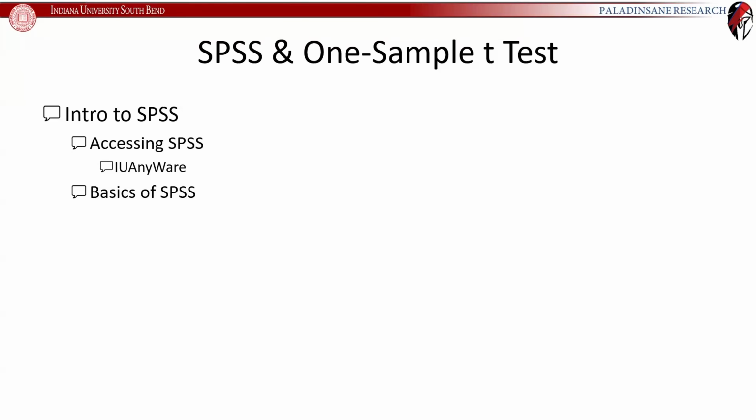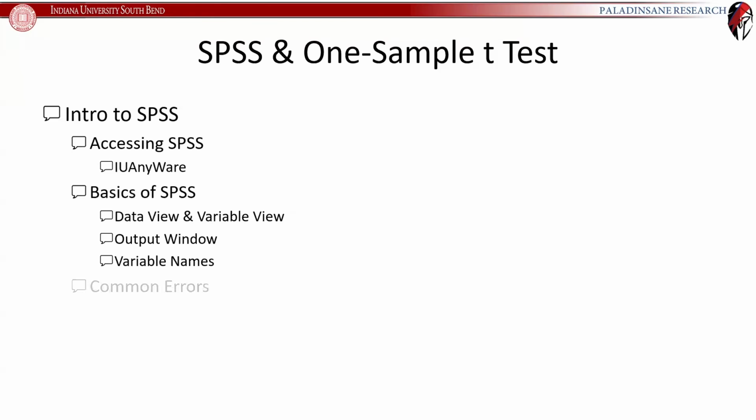As long as you have an internet connection and a computer, you'll have access to SPSS. Now we're going to go over the basics of SPSS, the data view and the variable view, the output window, the variable names, very important tool in SPSS. I'm going to point out some of the most common errors that occur when people begin to use SPSS, specifically when it comes to measure types.